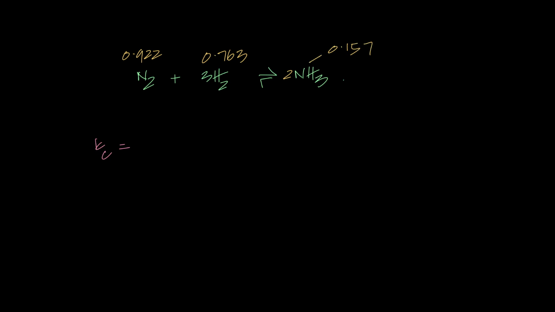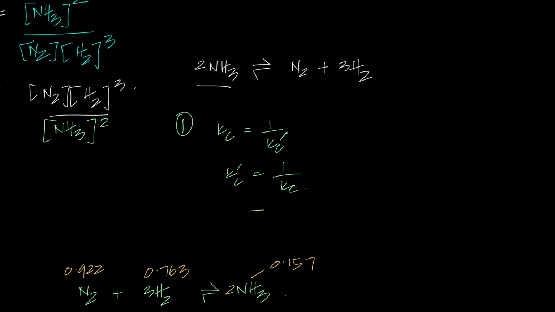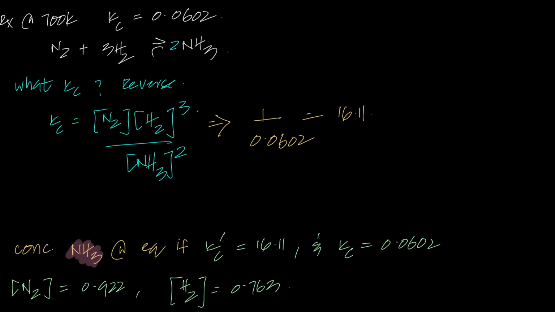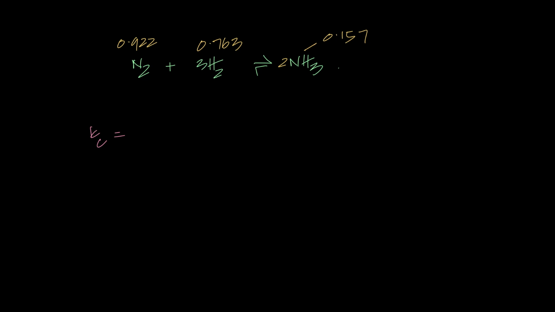Can you tell me the equilibrium constant that we calculated initially? It's 0.0602. I'm not going to do it all over again; we've done it like three times now. So this is the value for it.